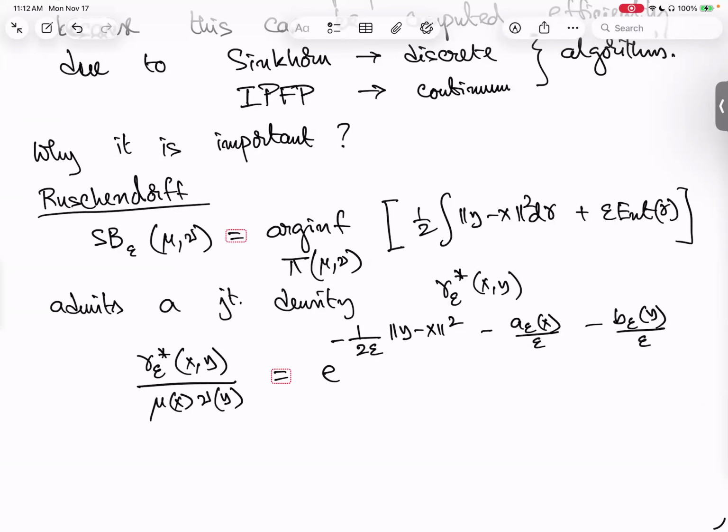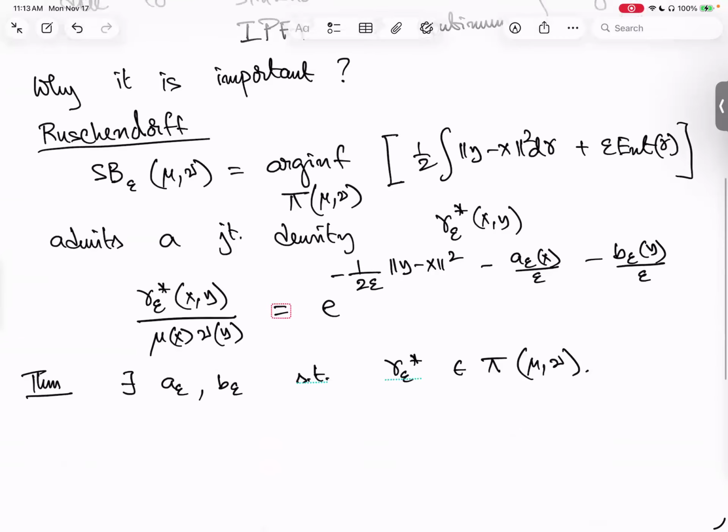The theorem says there will exist potentials a epsilon and b epsilon such that the resulting gamma epsilon star is a coupling. And once you have that, it must be the Schrodinger bridge.